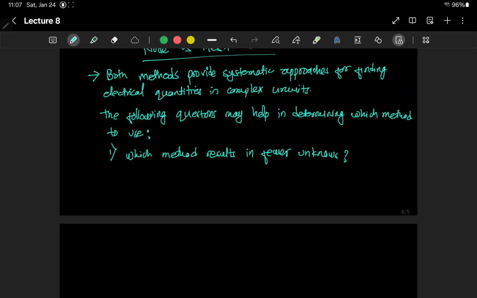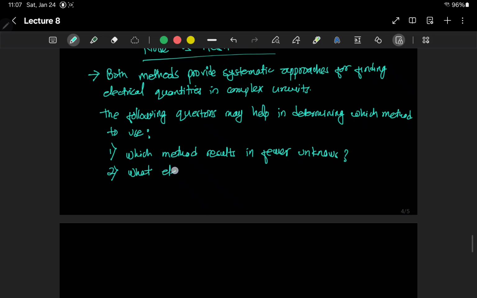And if that is not the case, let's say both methods give you a similar number of unknowns, then the next question to ask is: what electrical quantity are you trying to find? If you are trying to find voltage, maybe the node method is good, but that is not guaranteed.